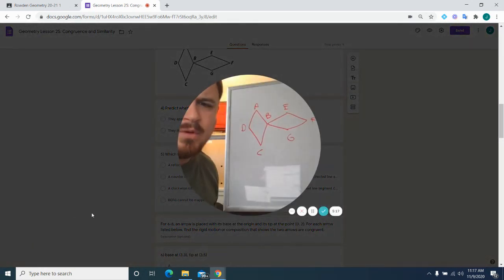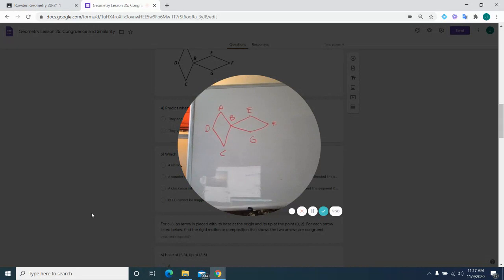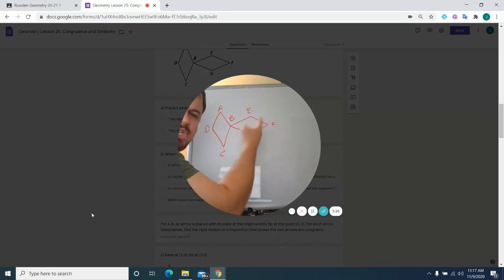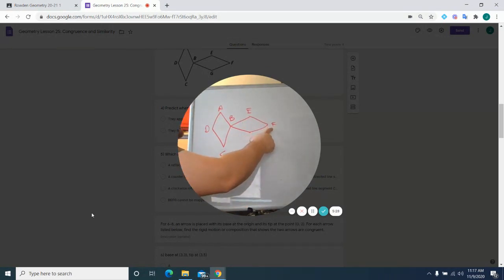So let's think, if we reflect across EG, so EG is this right here. If you flip this over itself, you're not going to change anything about the shape, but F would be right here and then B would be over there.